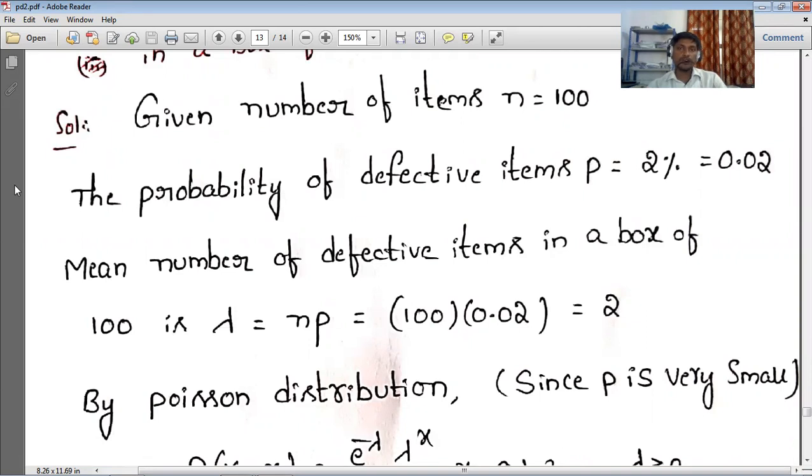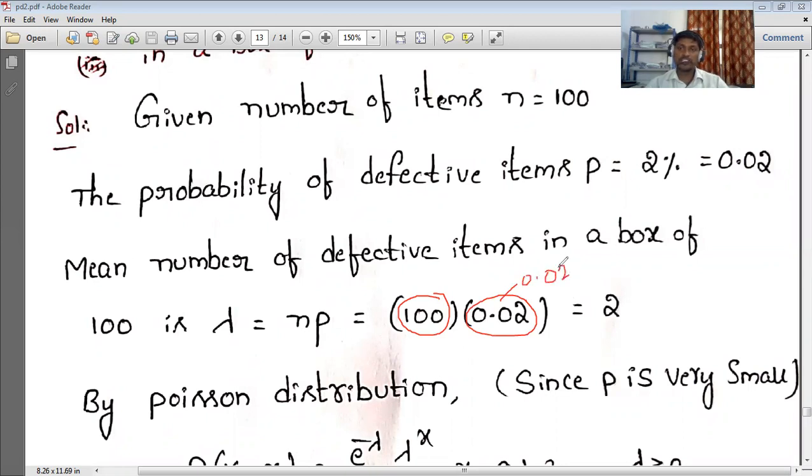So what we said: when can we apply binomial distribution and when can we apply Poisson distribution? Poisson distribution is applicable when the number of trials is very large and the probability is very small, nearer to 0. See how much probability: 0.02.